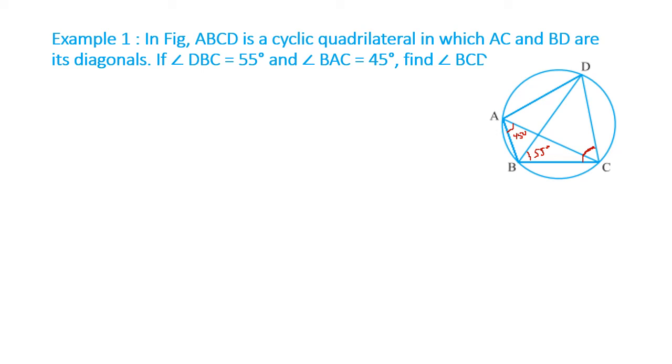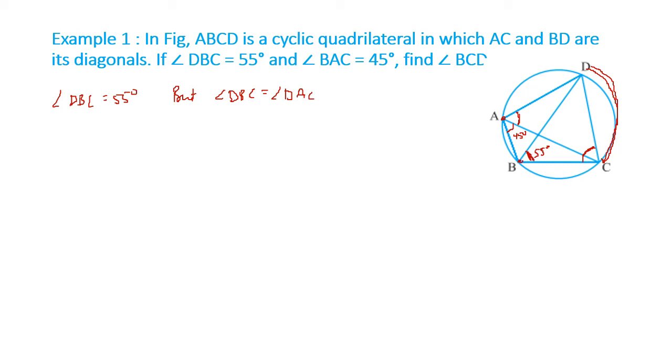Now look at angle DBC. It is given angle DBC equal to 55 degree. But angle DBC equal to angle DAC. Why? Because this arc BC is making the angle on the same side of the circle.